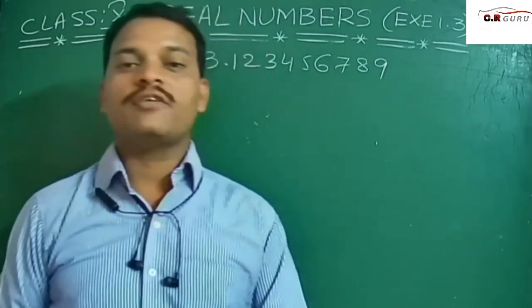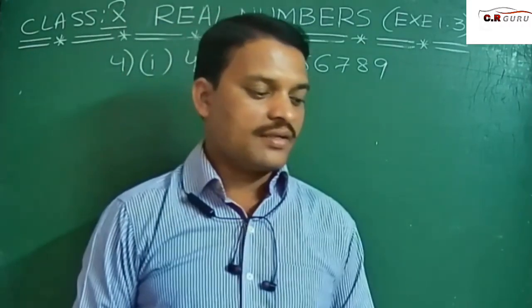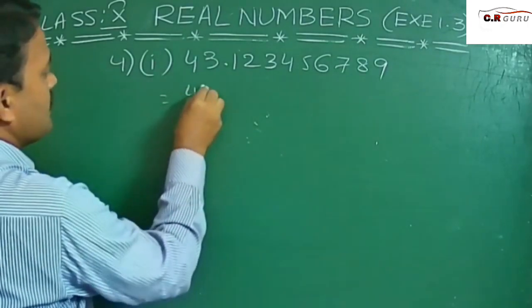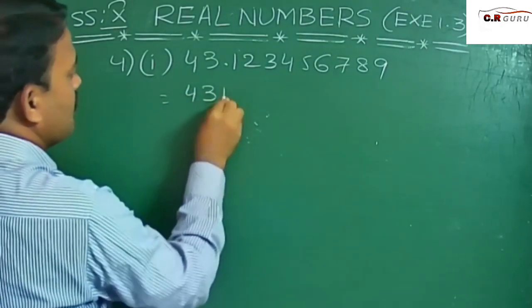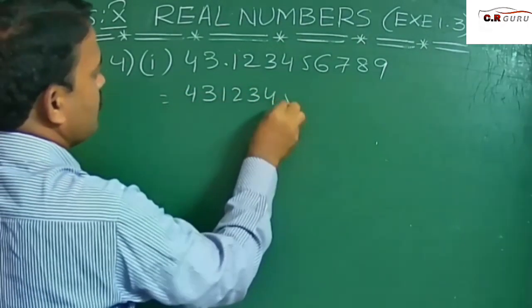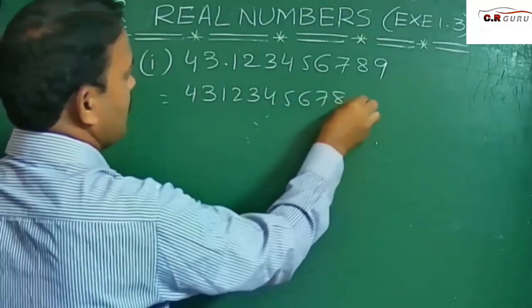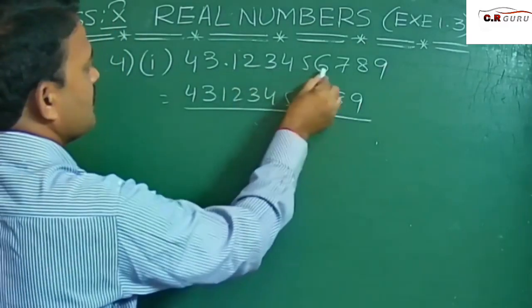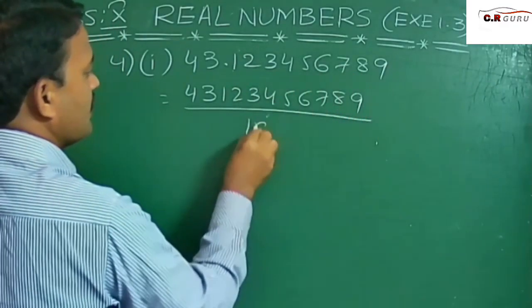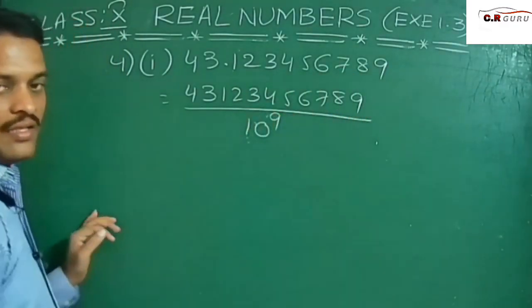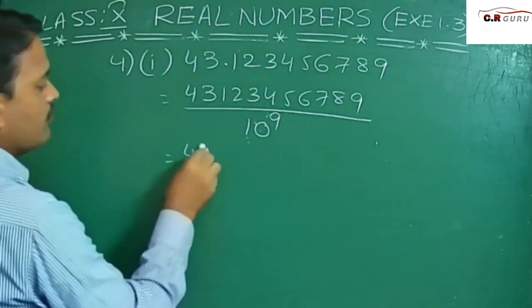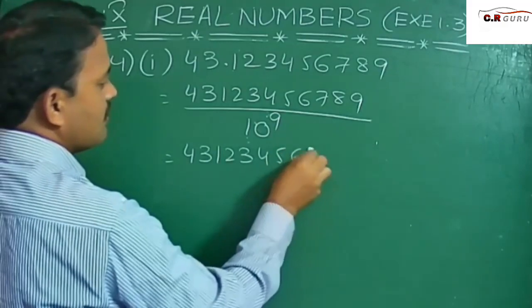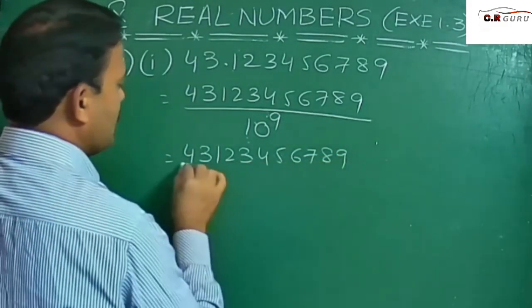First of all you need to express this as 43123456789 by 10 to the power of 9, since 9 digits are there after the decimal.